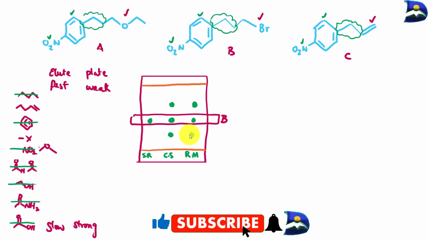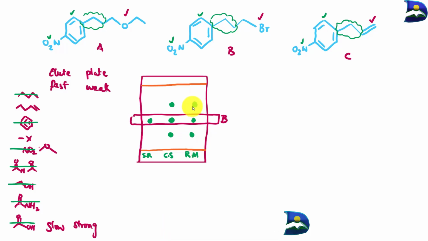Now between A and C, which one, above and below, is A and which one is C? This comes down to going to our chart, and in our chart the one that is higher is the alkene, and the alkene here implies that yes indeed this here is our C species.